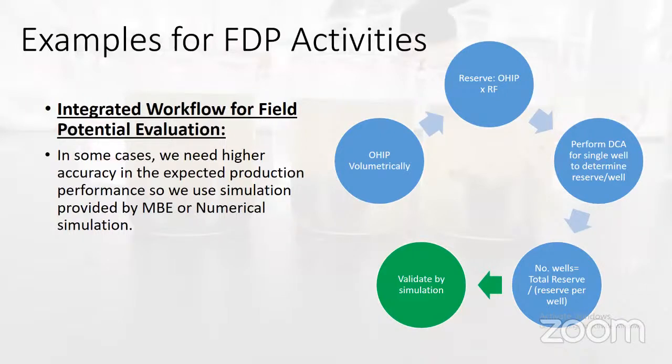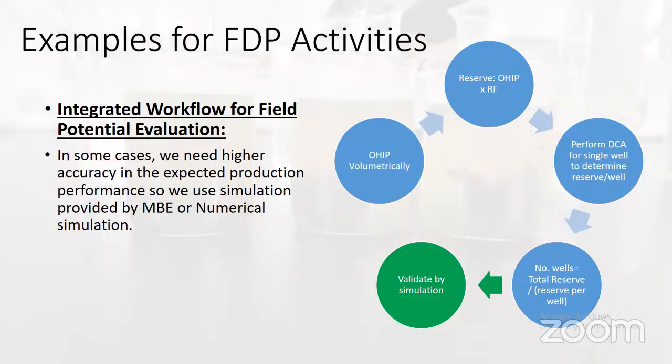So we will use the integrated workflow: oil in place calculation from the volumetric data, reserve by using an assumed recovery factor, decline curve analysis to get the reserve per single well, and the number of wells, then validate that by doing the material balance calculations. Okay, to have more complexity, we will go to simulation.